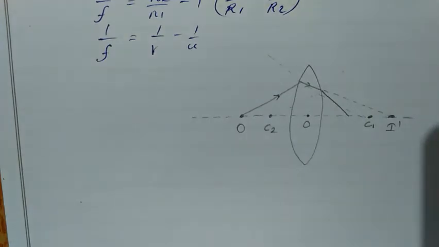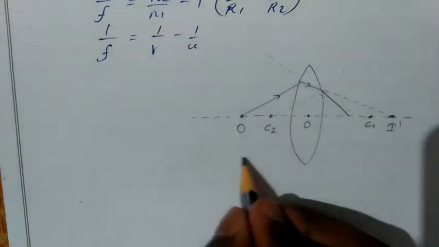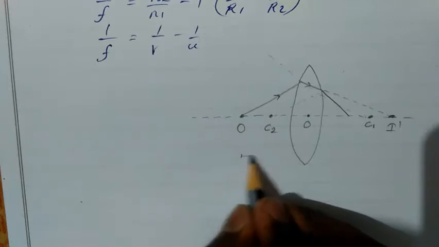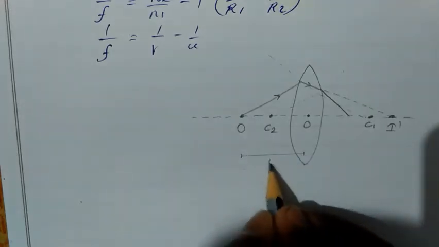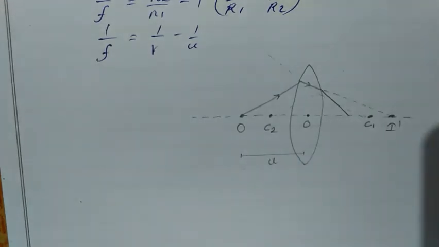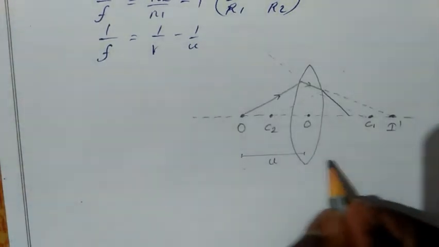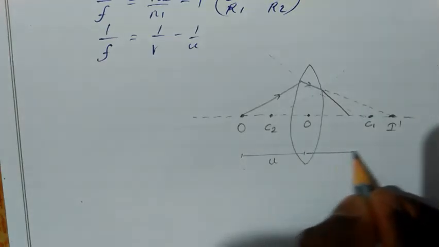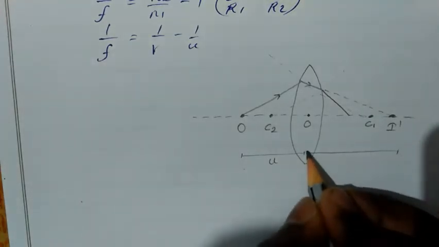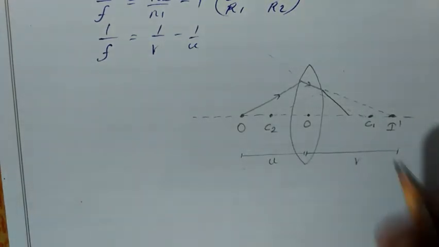The distance between the optical center and the object is the object distance, and the distance to the image is taken as the image distance V.